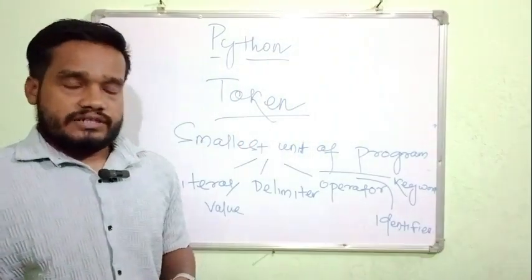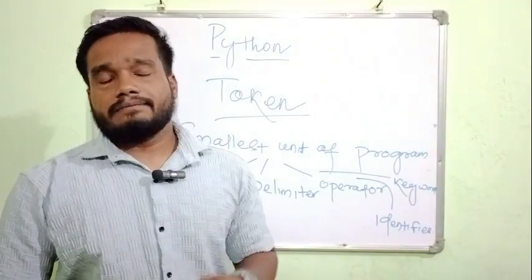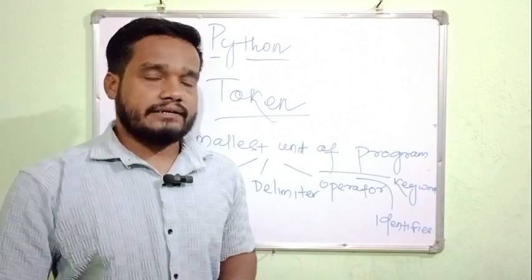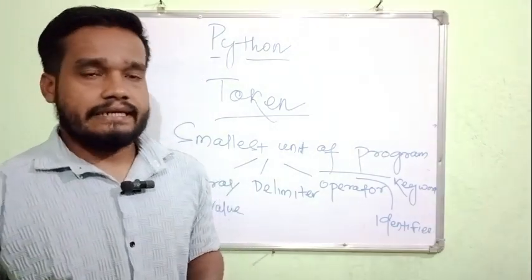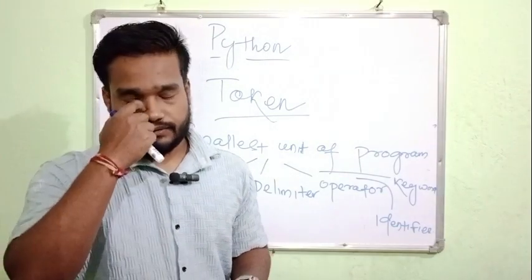So a token is the smallest unit of a program. There are 5 types of token, which means a token is categorized into literal or value, operator, delimiter, identifier, and keywords.